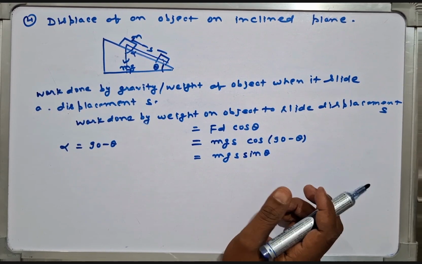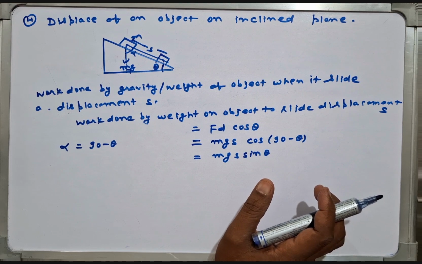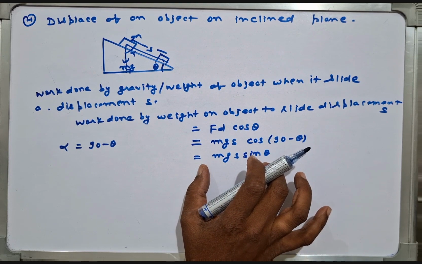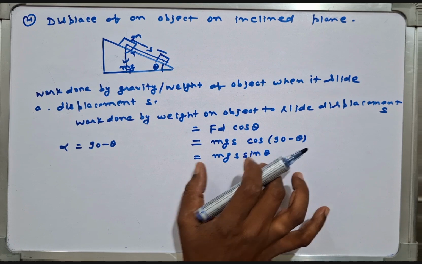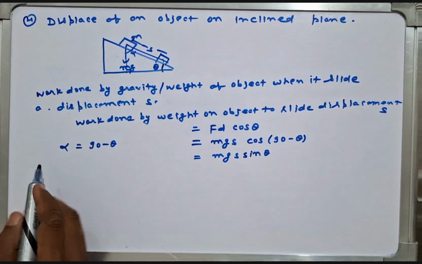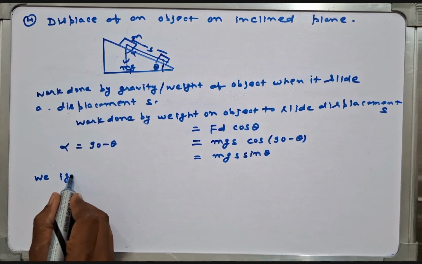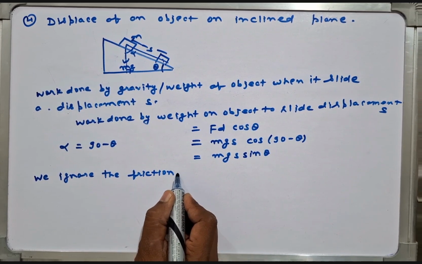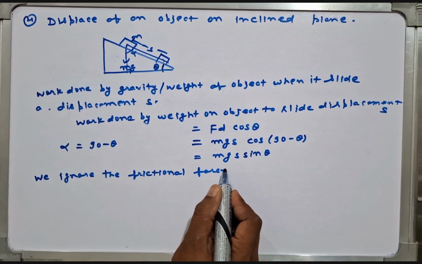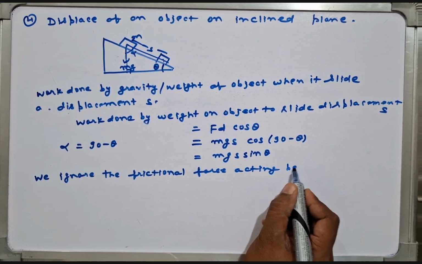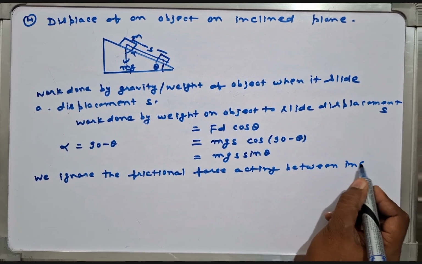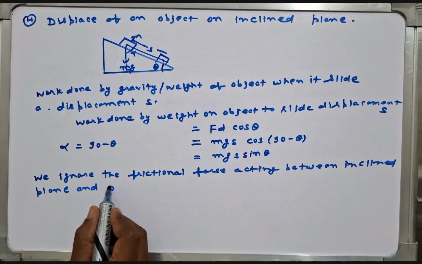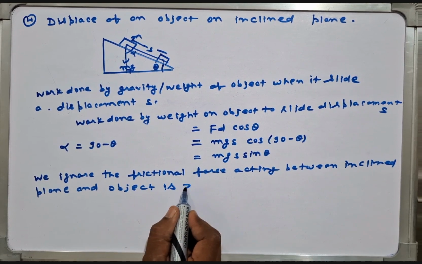Okay guys, one thing you notice: when we are calculating the work done by gravity when the object slides from here to here, then we ignore the frictional force acting between the inclined plane and the object, it is 0.